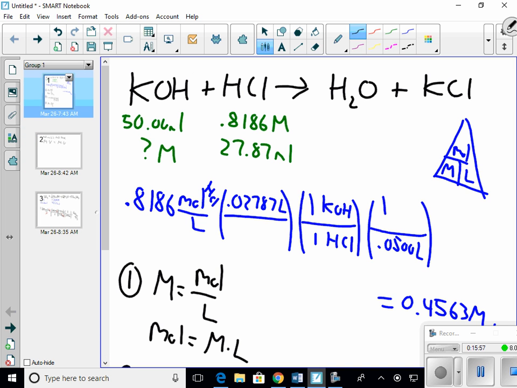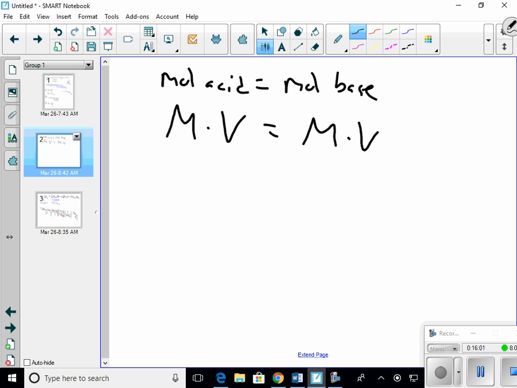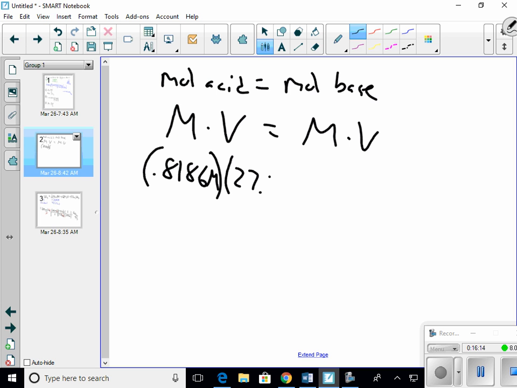So if I go back to this previous problem, I could just as easily plug this in here, where my acid had a molarity of 0.8186. The volume that it was in, heck, I don't even care if it's in milliliters versus liters, 27.87. M2 I can call it.